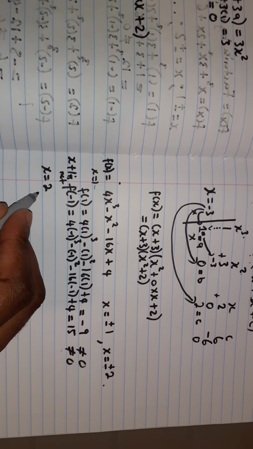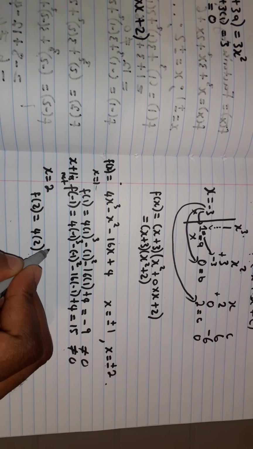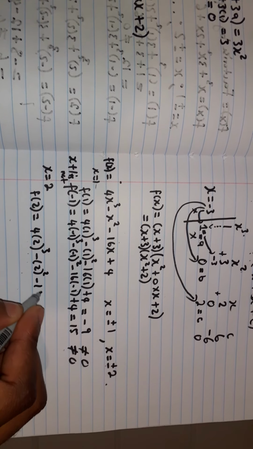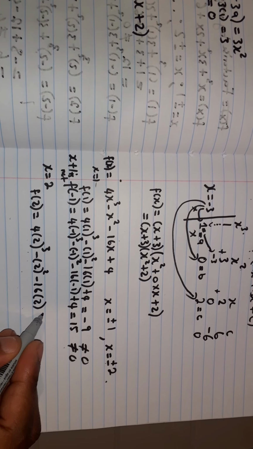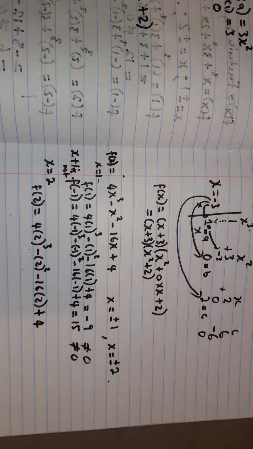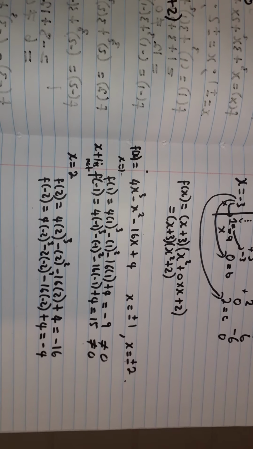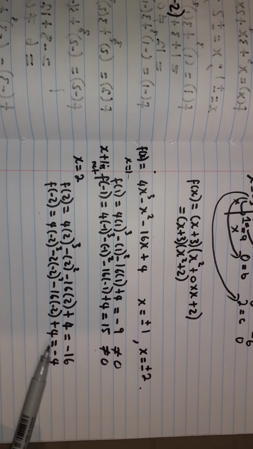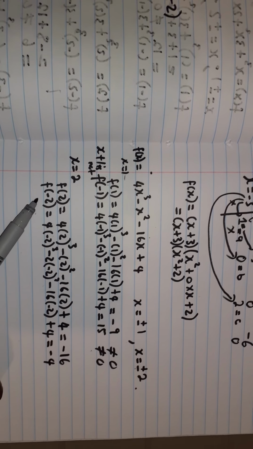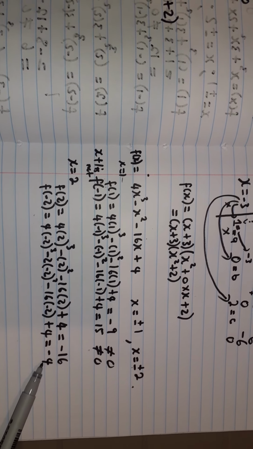You substitute in x equals 2 and get negative 16, then x equals negative 2 gives negative 4.